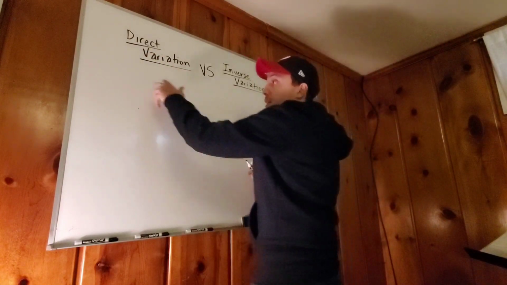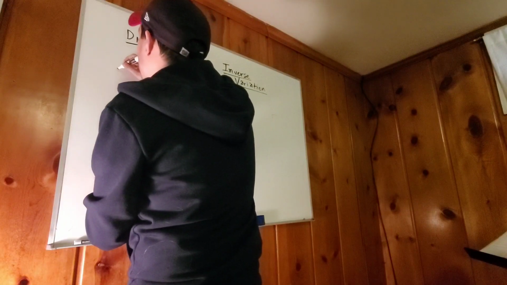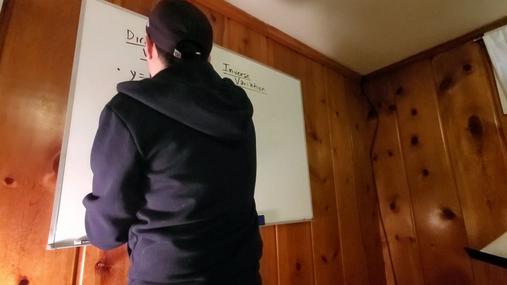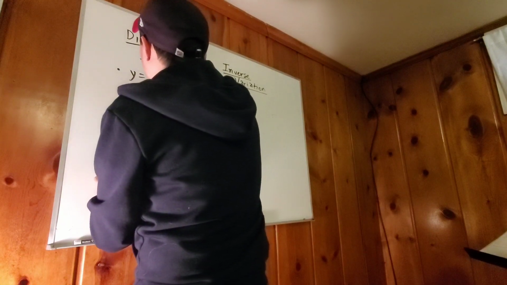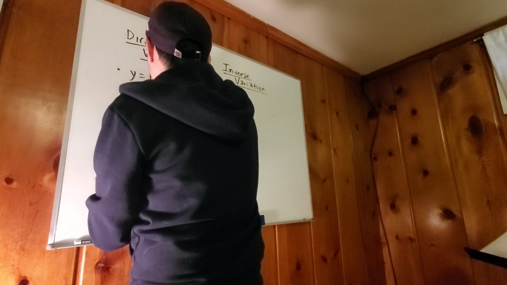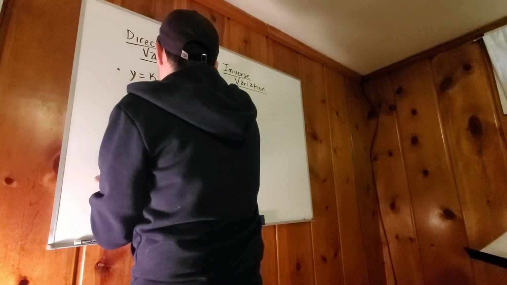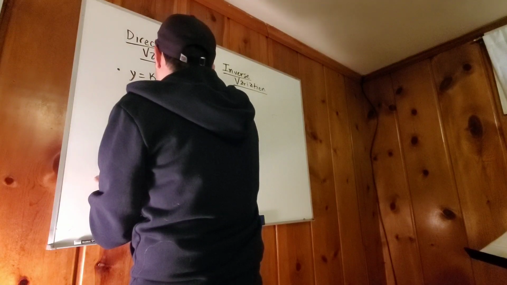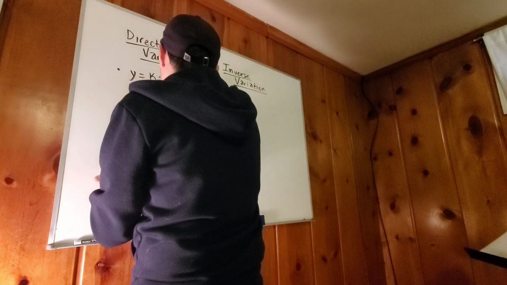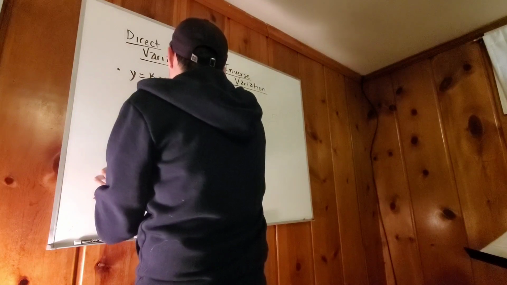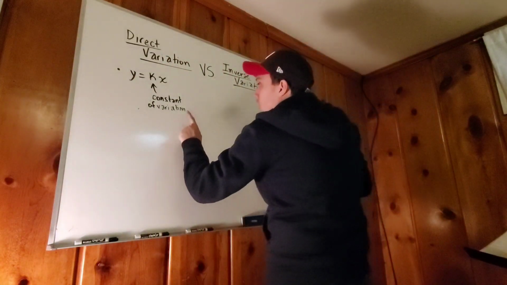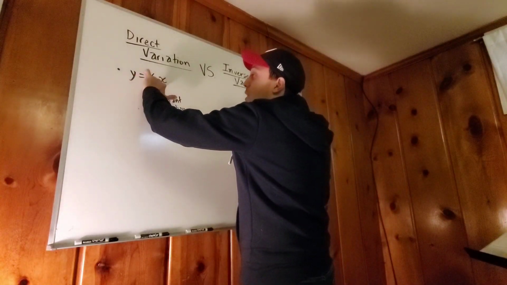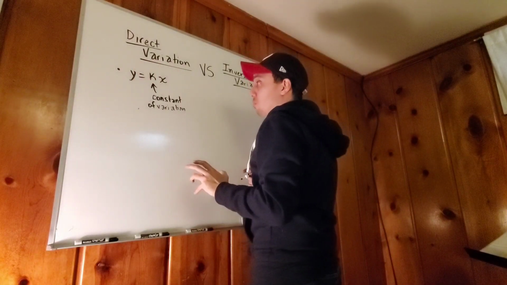Another difference is that the formula here is going to be y equals kx. And to find k, which is the constant of variation, or proportionality, same thing, the important part is that you understand that k is a constant and x and y are both variables.